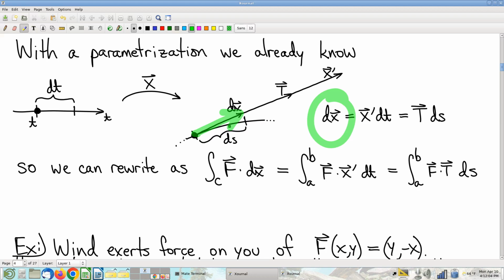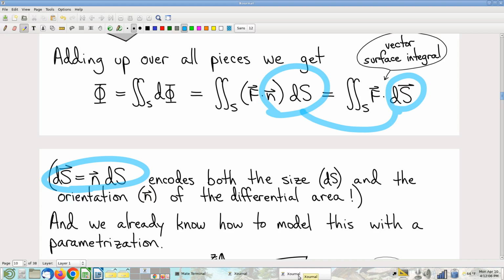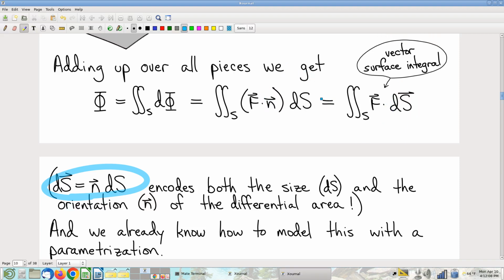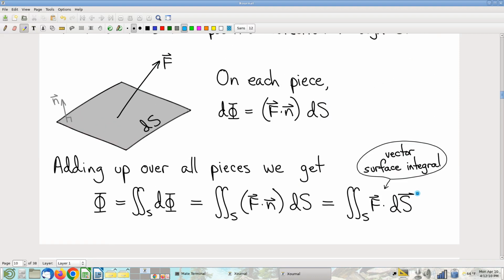Okay, what can I say about the ds vector? The ds vector, aka this product here, tells me everything I could possibly want to know about that piece of surface. By its magnitude, the ds scalar, it tells me how big this piece of surface is.